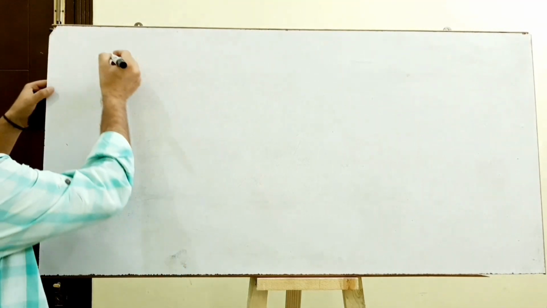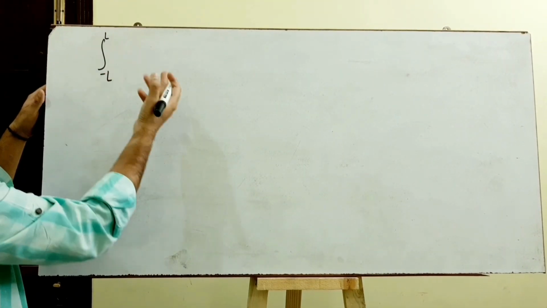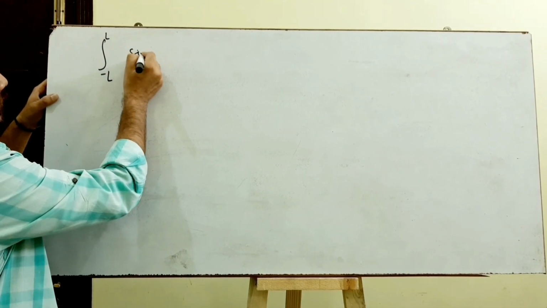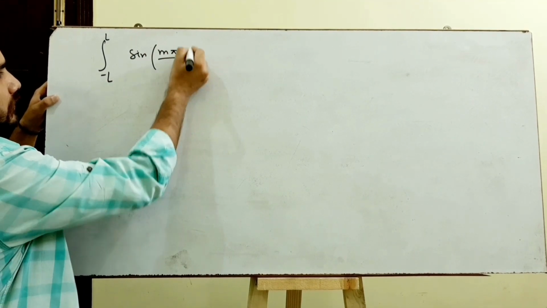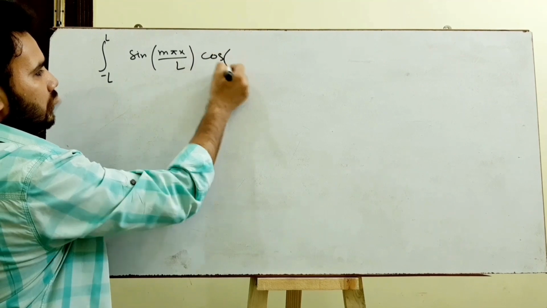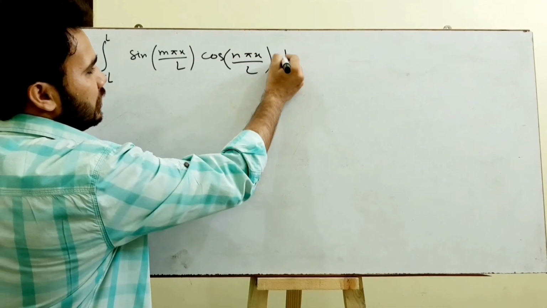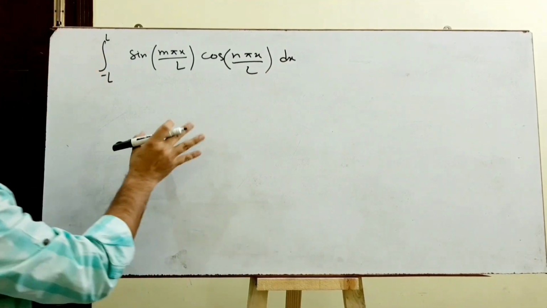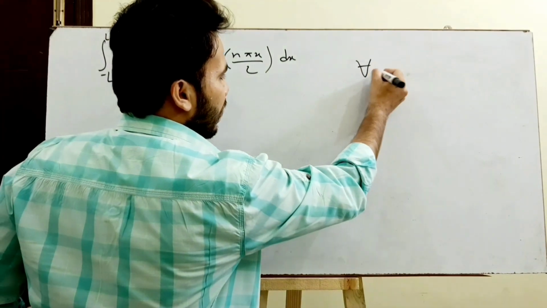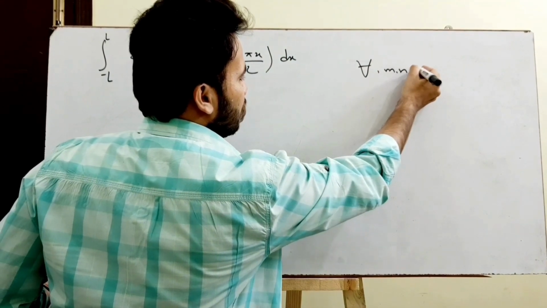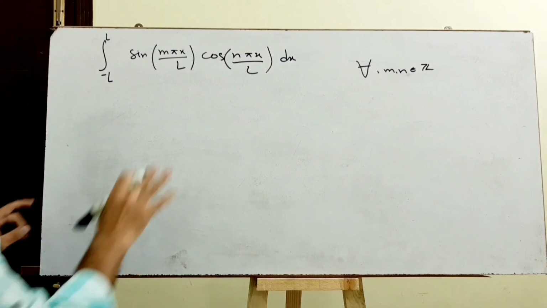The first result is we need to compute this integral from minus L to L of sine(m pi x over L) cosine(n pi x over L) dx, where m, n belong to the integers.